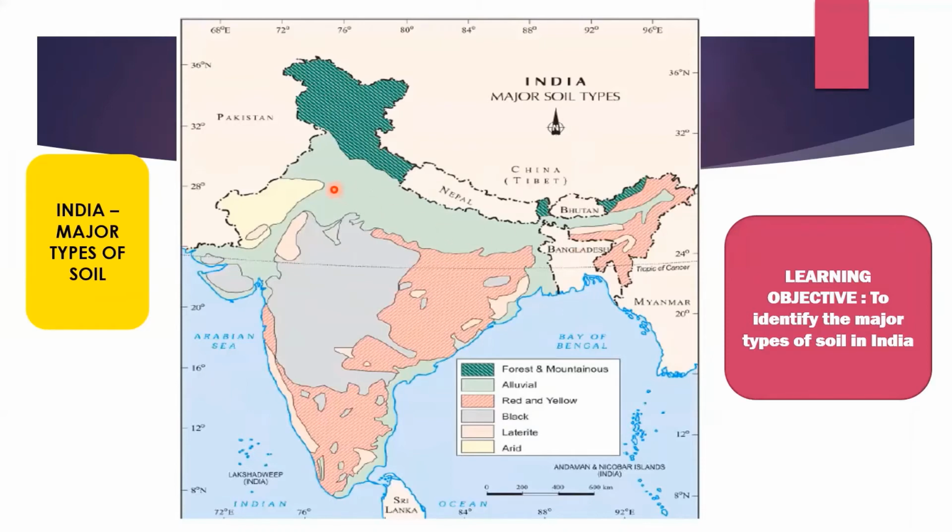The alluvial soil is mostly found in the northern plains and in the east coastal plains with the deltas. Mainly it's found in UP, some parts of Gujarat, and the east coastal plain with the deltas. That is, here we have the Kaveri Delta, Krishna Godavari Delta, and Mahanadi Delta.